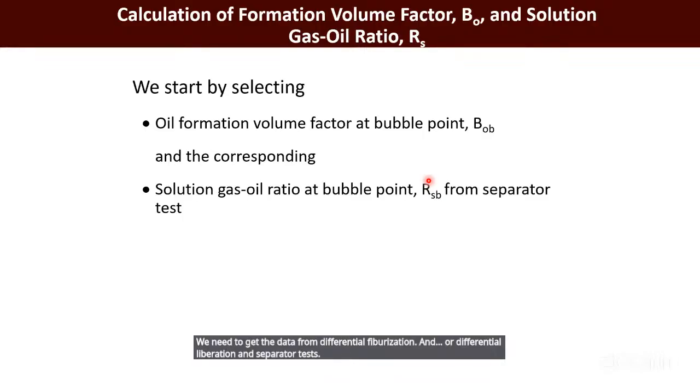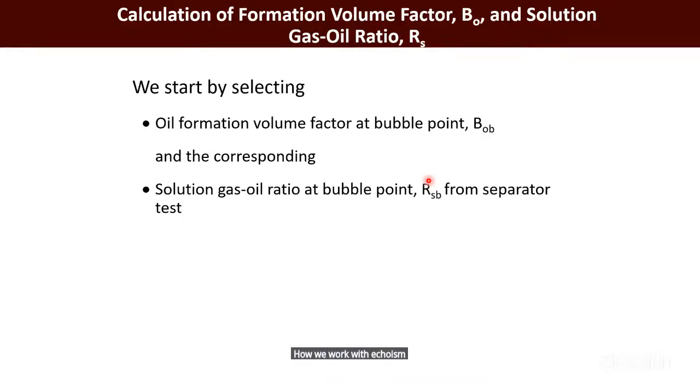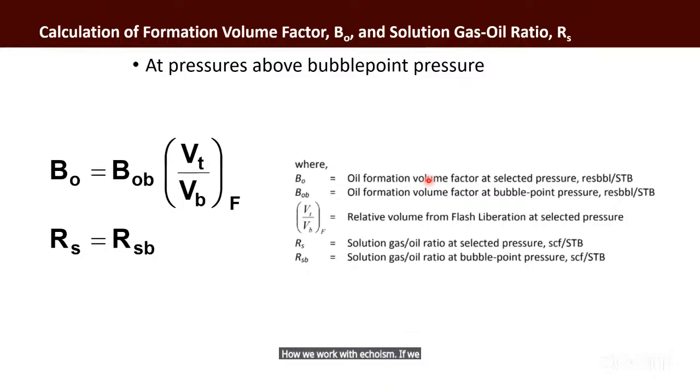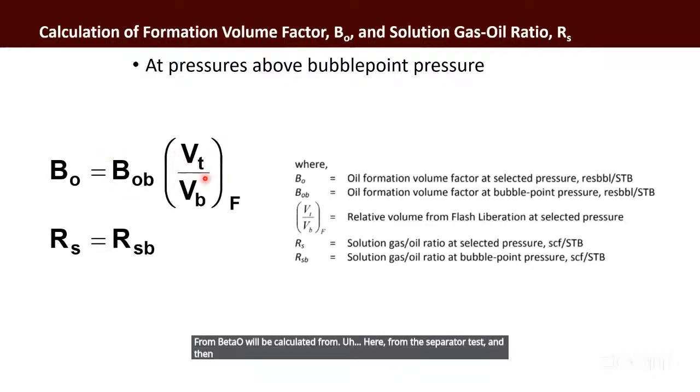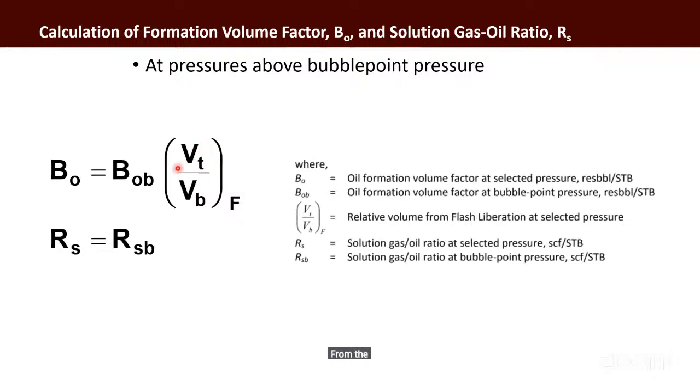How will we calculate them? These are very simple equations. At the pressures above the bubble point, beta O will be calculated from the separator test, and then we will have it from the flash vaporization. And the RS will be the same RS from the separator test.